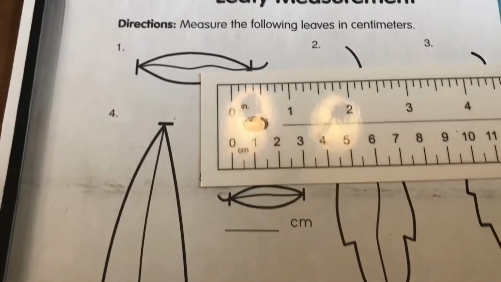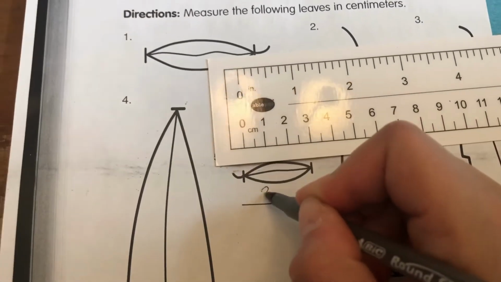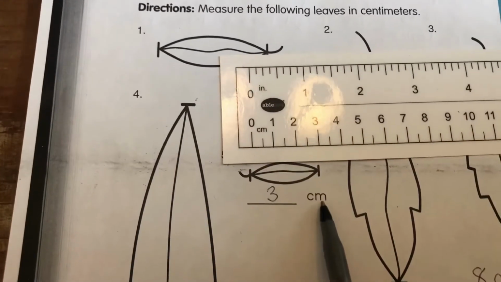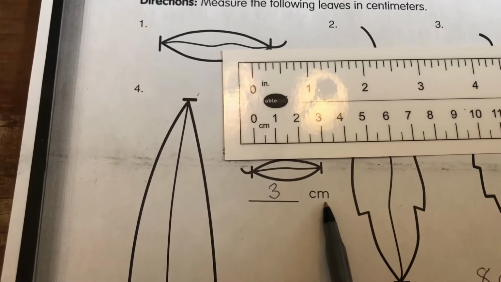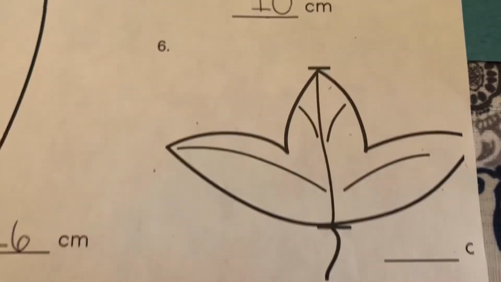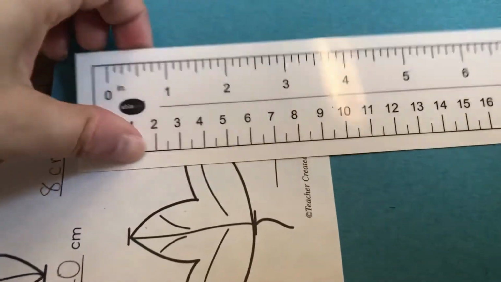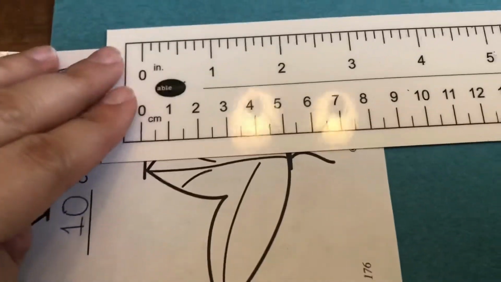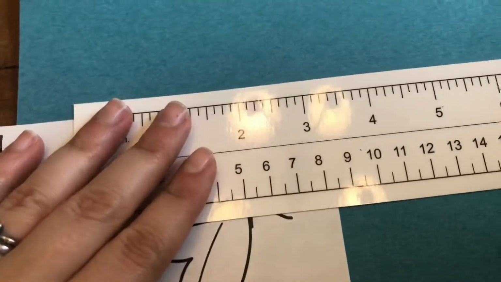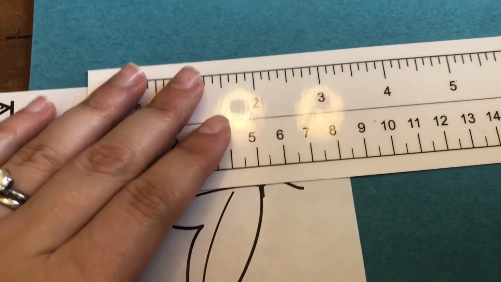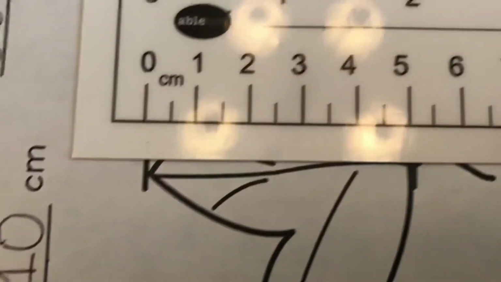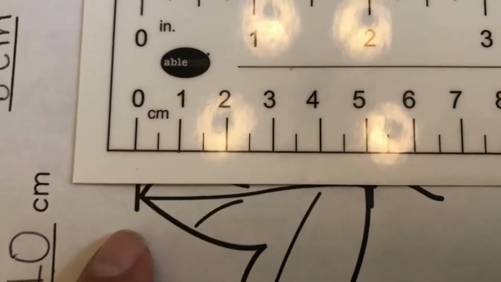So we are going to write 3 centimeters. And you don't even have to write centimeters because it's already there for you. Let's move on to number 6. We will have to turn our paper. So here we go. We're lining up our 0 with that first line best we can, and that last part with the other line. So we've got 0 right here.